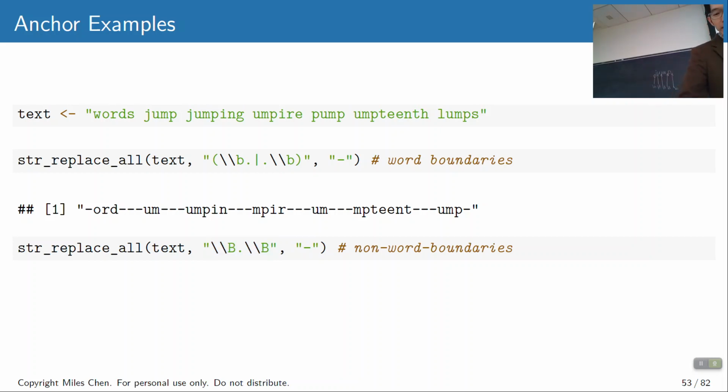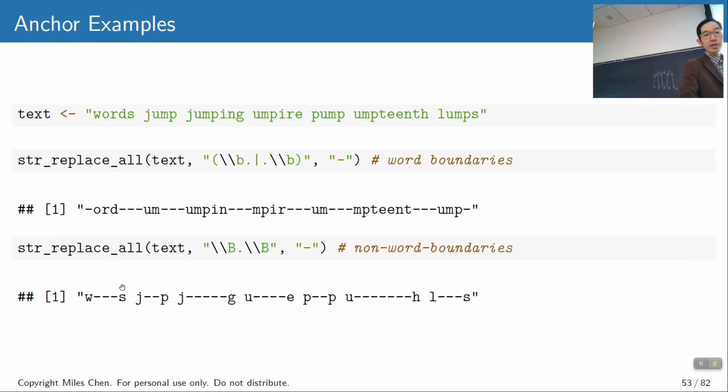So if you look at jump, it replaces the U and the M. In the word words, it replaces the O, R, and D, and so on and so forth. So we kind of get complements of each other, sort of, between word boundaries and non-word boundaries.